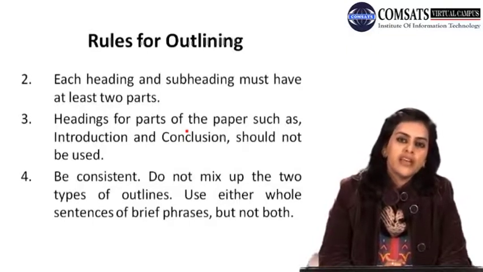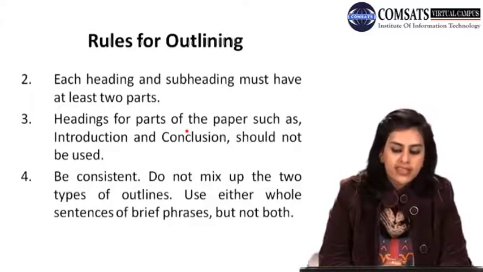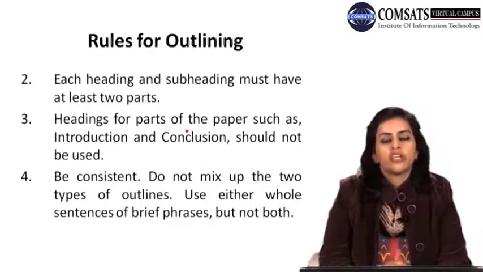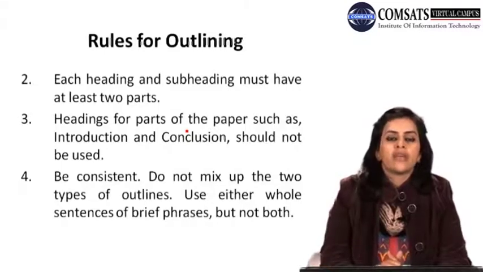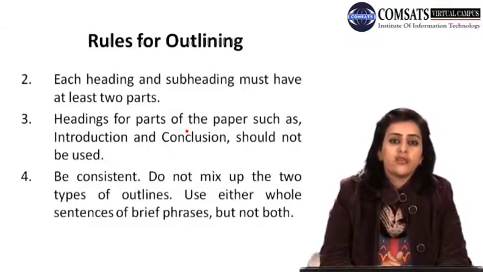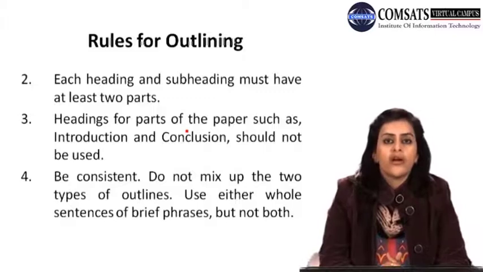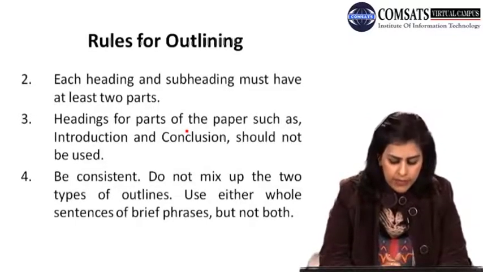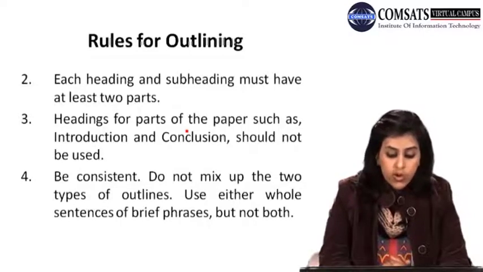So your major heading should have subheadings, and subheadings must have at least 2 parts, to make sure that you are going to provide relevant details, relevant supporting arguments or a relevant point of view for the heading that you want to elaborate.